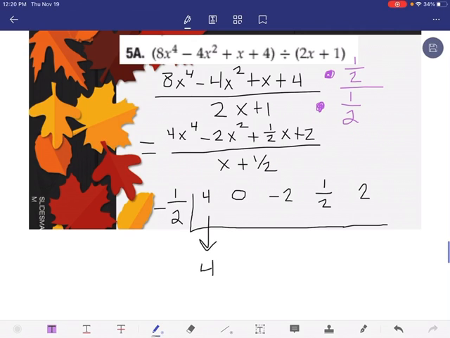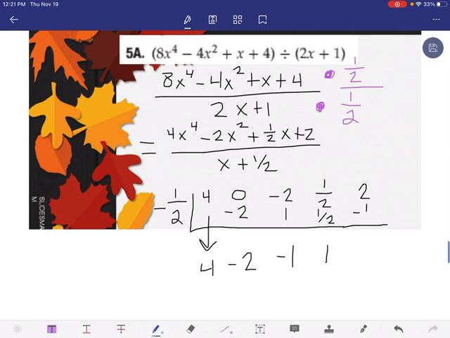So I bring down my 4. -1/2 times 4 is going to give us -2. -2 plus 0 is still just -2. -1/2 times -2 is going to be a +1. -2 plus 1 is a -1. -1/2 times -1 is going to be a +1/2. 1/2 plus 1/2 is going to be 1.